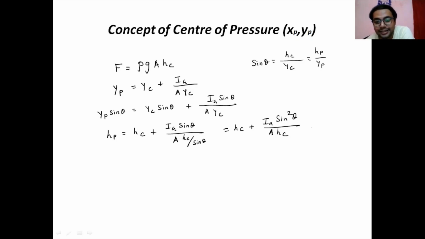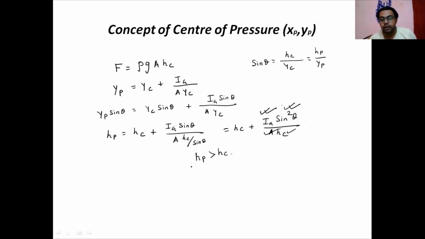That's why we can say HP must be greater than HC, because IG cannot be negative, and sine square theta cannot be negative. These are positive terms, all are positive. This is the influence of it.